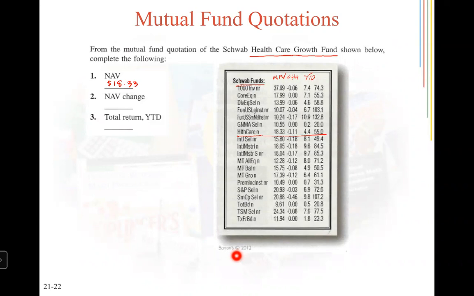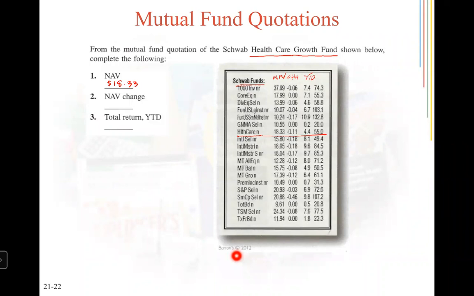Ms. Roll, what is the net asset value change? 4.4. No, the second column. The first column is 18.33, which I keep.